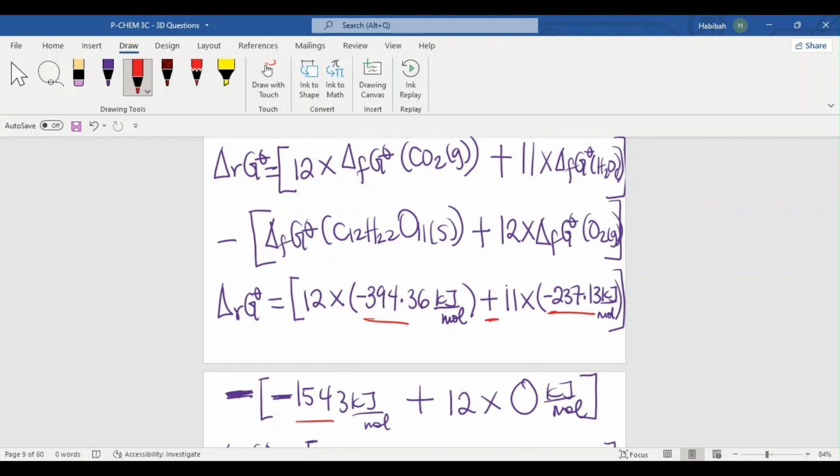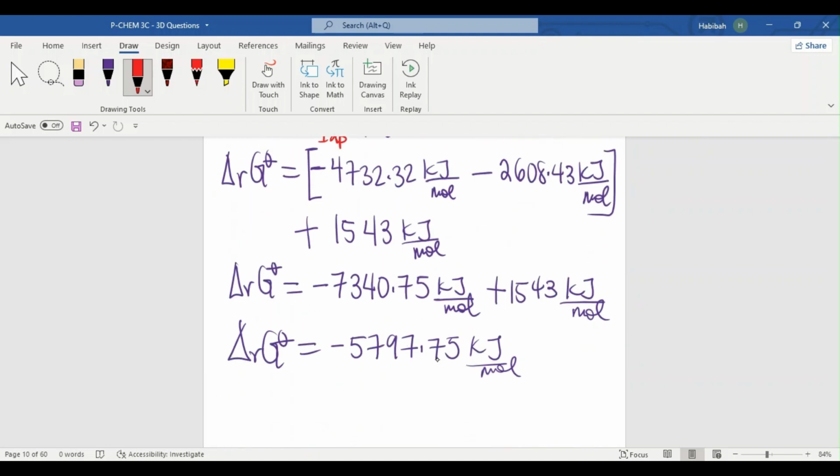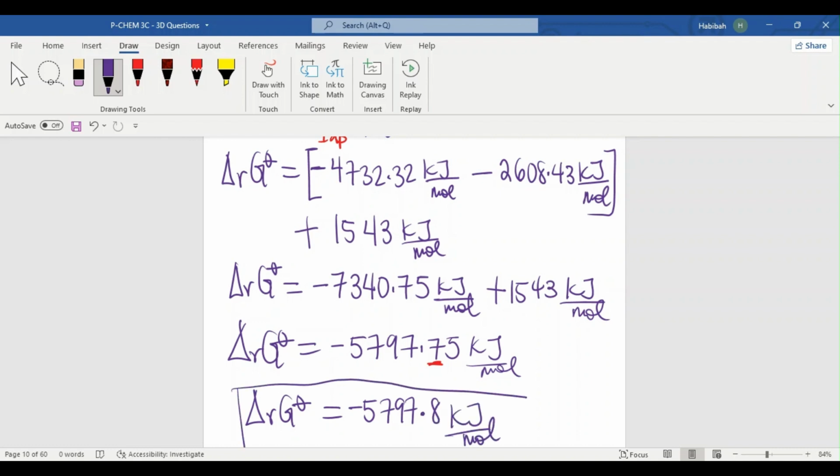We can see the number of decimal places for this one is 2 decimal places. This one, 2 decimal places here. We don't see a point zero, but we know it's 1 decimal place, because 5 is the same thing as 5.0. So we just assume it's a 1 decimal place situation. So we just end up here. So we have the Gibbs energy of reaction to be negative 5797.8 kilojoule per mole. And this is basically the answer to the second reaction.